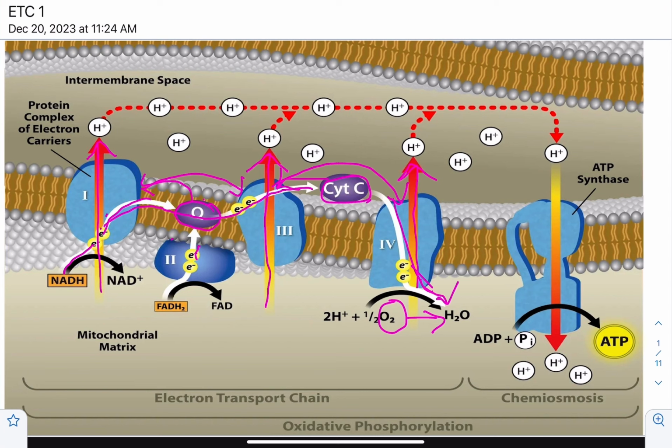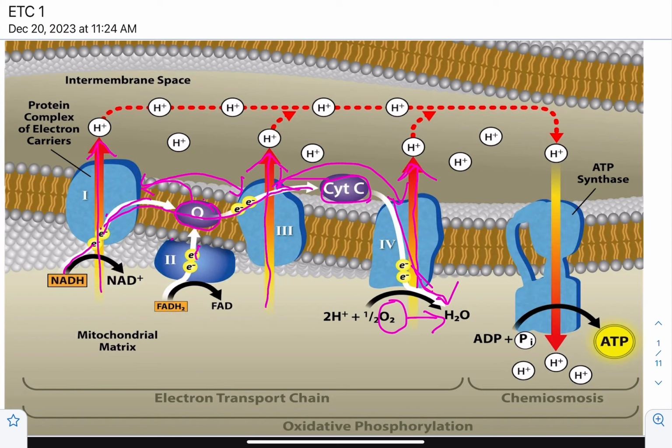Protons increase acidity. So right now it's really acidic in the intermembrane space. There's a high concentration, and this high concentration causes an electrochemical gradient. Two kinds of gradient: electro because there's charge, and chemical gradient for the high concentration of protons.